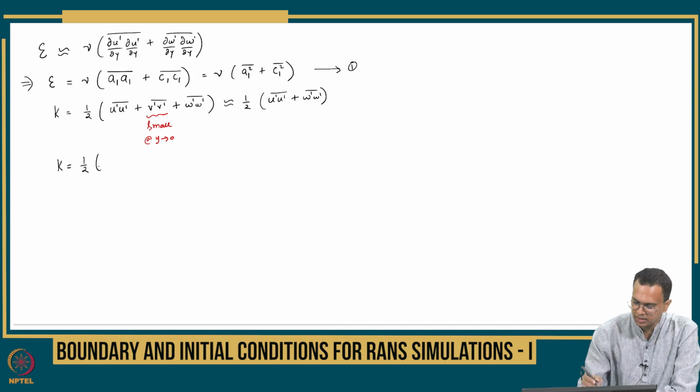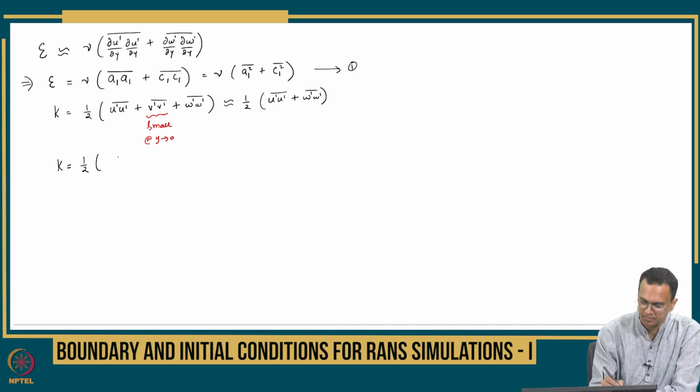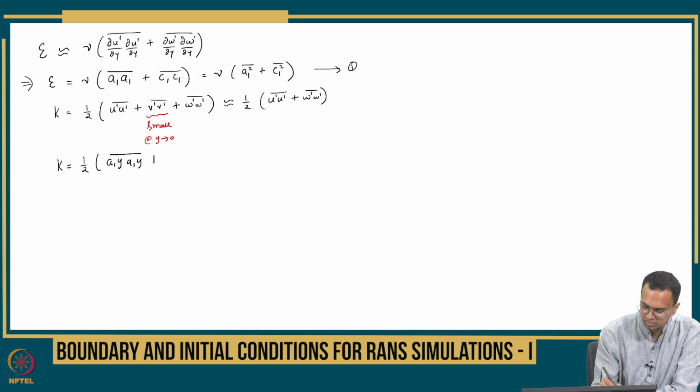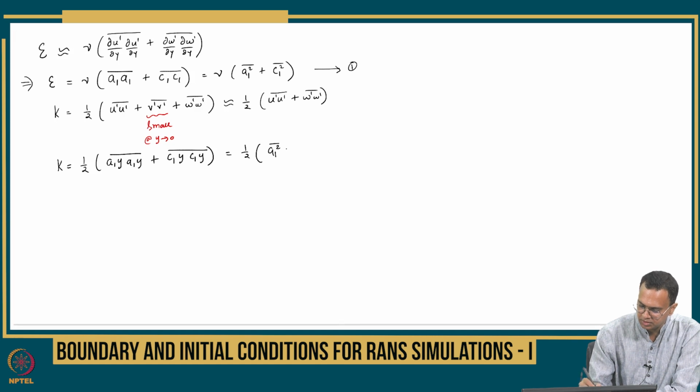So, this is nothing but, again, if you look at what is u prime, it was a1 y to first order, right. So, it is a1 y average, which is a1 y a1 y average plus we have c1 y average, equal to half of a1 square average y square plus c1 square average y square.